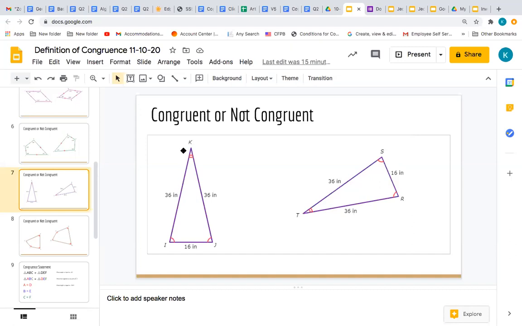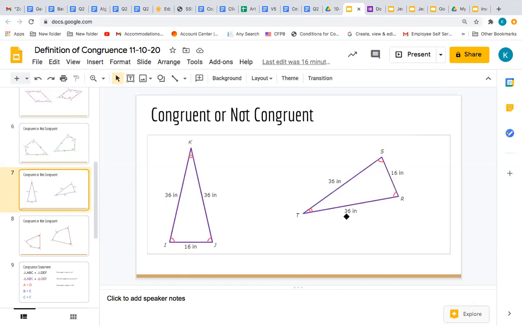What can you say about the third angle if two angles are congruent in a triangle? The third angle also has to be congruent because the sum of the interior angles of a triangle is equal to 180 degrees. So the third angle is also congruent.